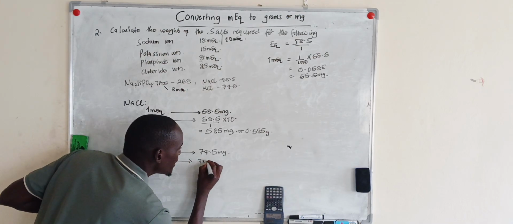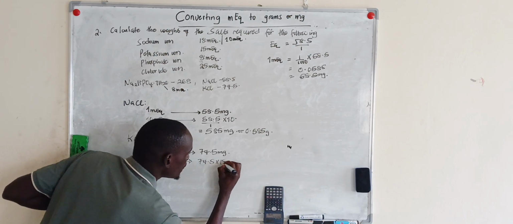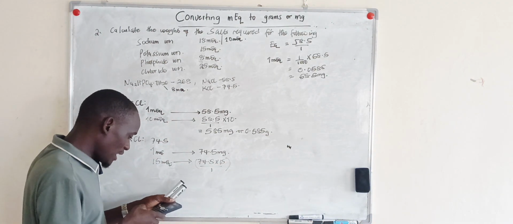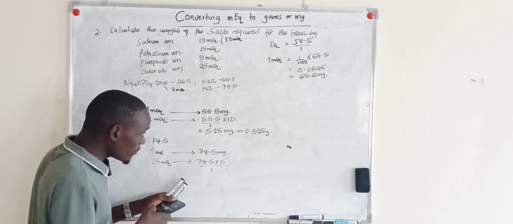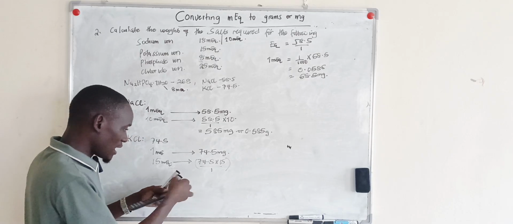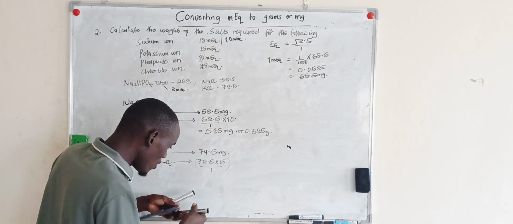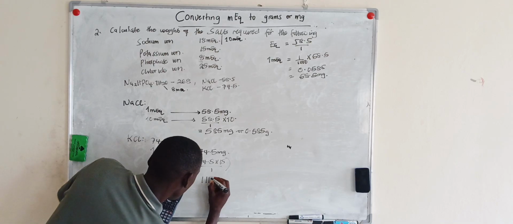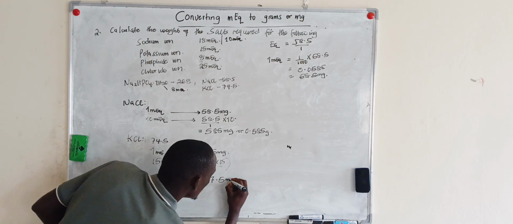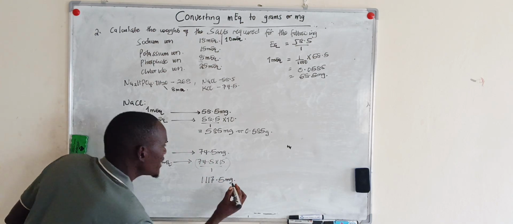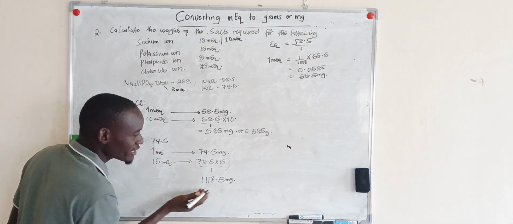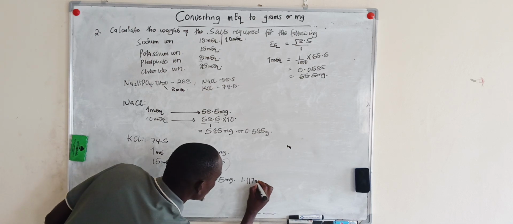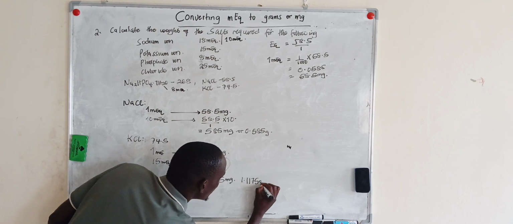How about the one given in the formula, which is 15 milliequivalents? This will be equal to 74.5 times 15 divided by 1. When you compute this, 74.5 times 15, we shall get 1117.5 milligrams, which if you convert to grams, you simply divide by 1000, and we shall get 1.1175 grams.